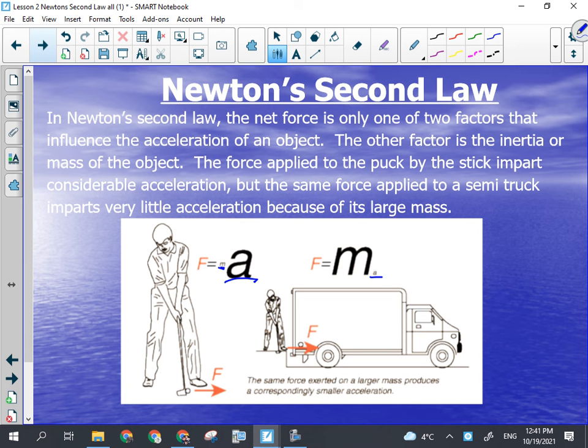Yes, ever so slightly. You would have a very small acceleration, but that acceleration would only last for as long as the club is exerting the force on the truck. Okay, so there's going to be a very small acceleration, but the truck will slide after that at a constant velocity that would be very, very small, because it's on a frictionless surface.